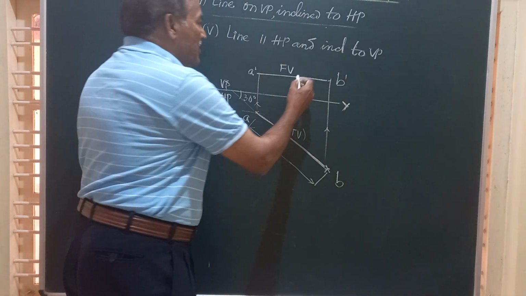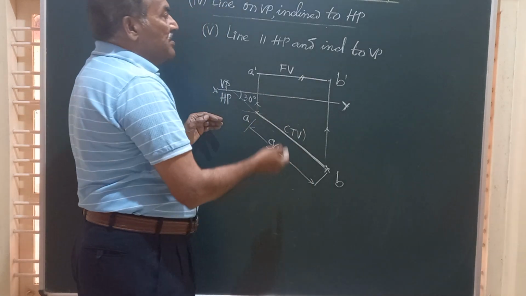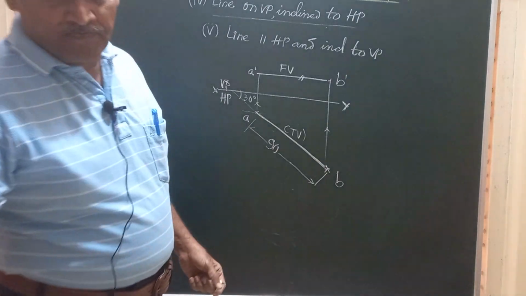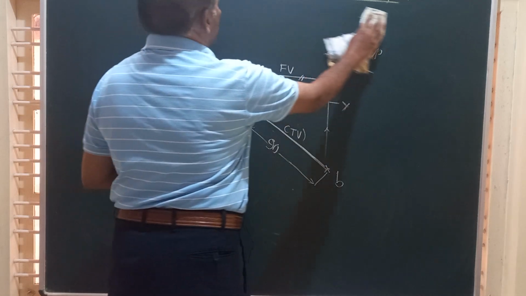So friends, this is parallel to HP and this is inclined to VP at an angle that will be specified in the problem.